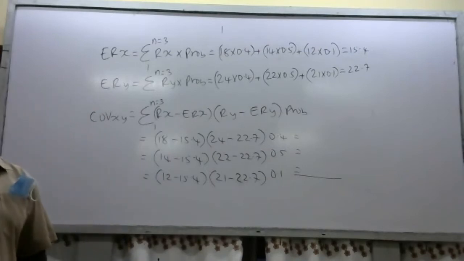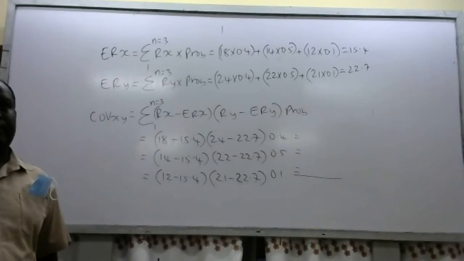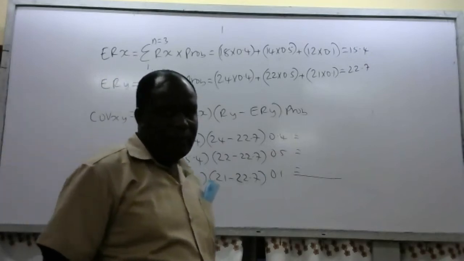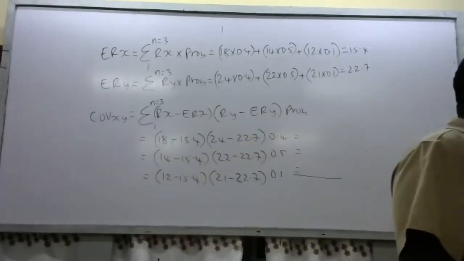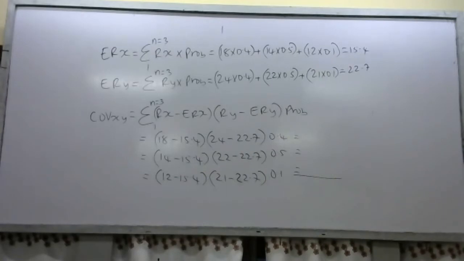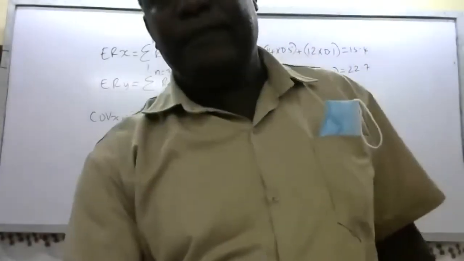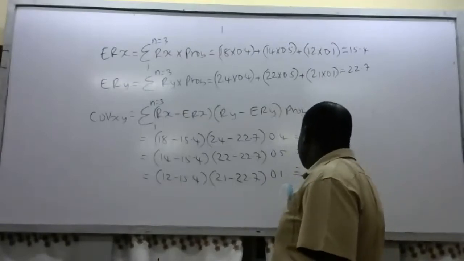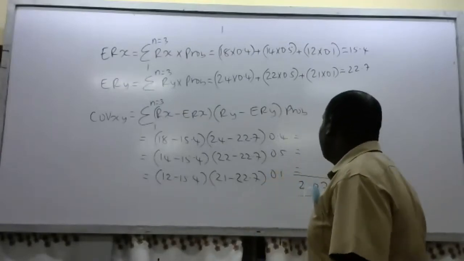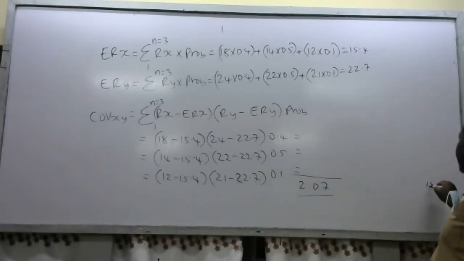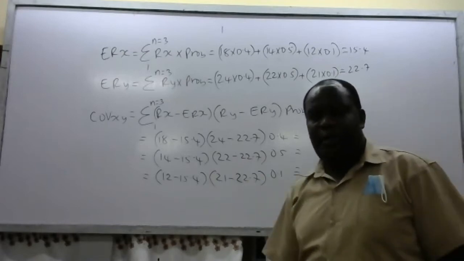Solution: 2.07. So that is now how to get the covariance.